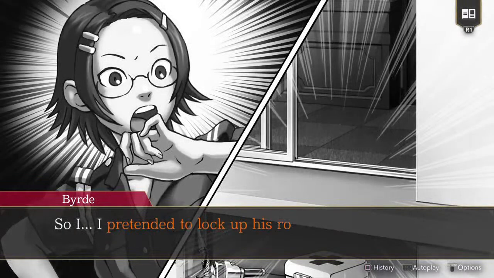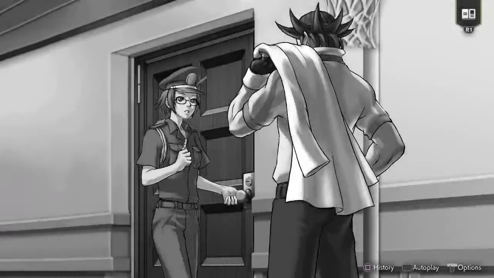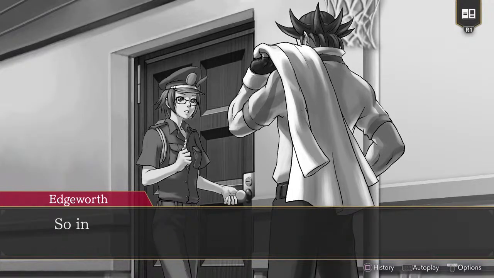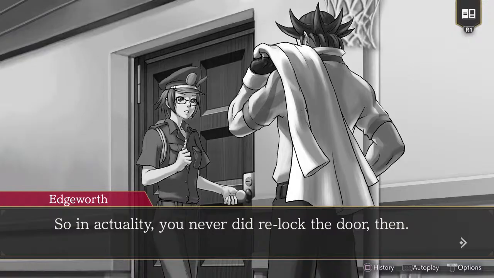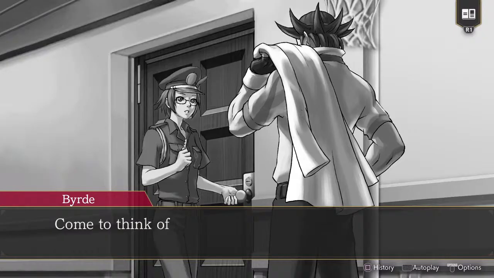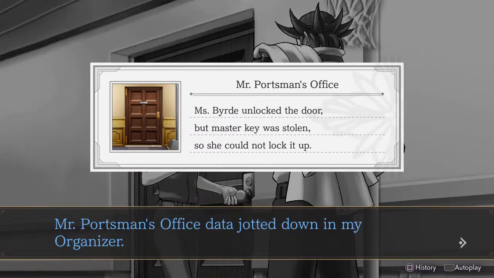So, I pretended to lock up his room, sir. You pretended? My house key made it look like I was locking up, sir. When in actuality, you never did relock the door then. But I thought that maybe I could lock it after I found the key. I'm thinking, I guess the door still hasn't been locked properly.